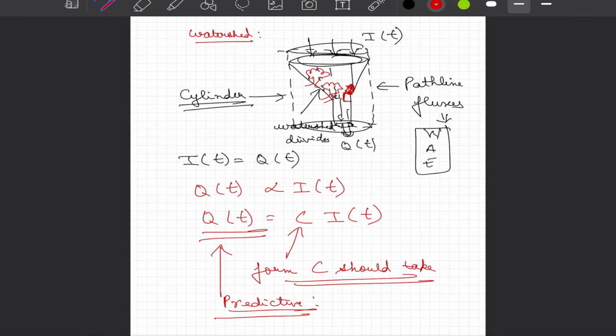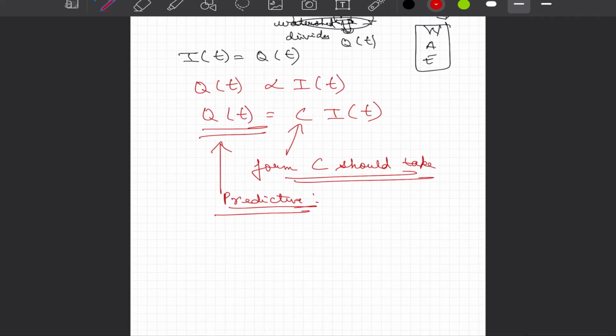Now, unfortunately, in real hydrology, our examples are not going to be as simple as this funnel. But whenever the concept of watershed comes, always remember that within a funnel, we will have a certain structure through which water will flow, certain manifestations will occur, and at the end, we are interested in telling what is going to be the output. And we will study this output dedicatedly in the form of hydrographs.